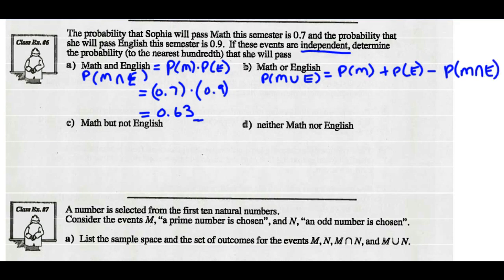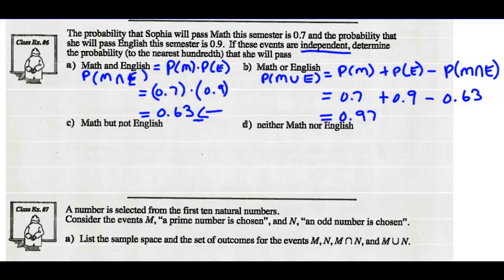So probability of math, we just said, is 0.7. The probability of English is 0.9 minus the probability of math and English, which we just calculated to be 0.63. So what's the probability of passing math or English? You work that out, you get 0.97. Pretty good chance to pass one or the other or both.